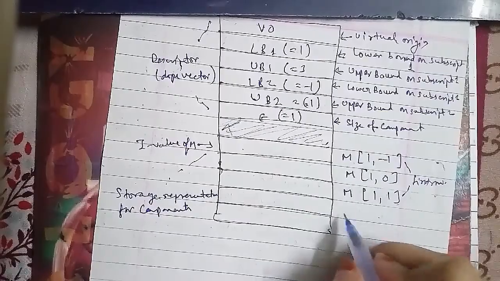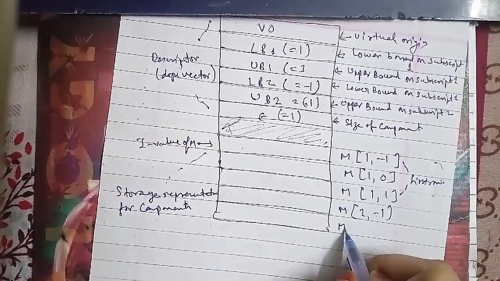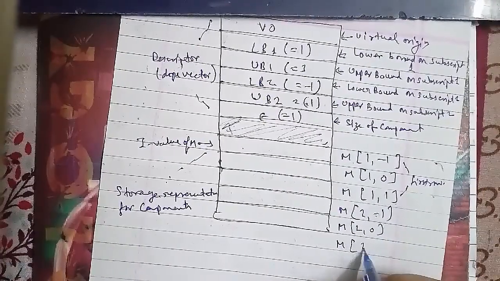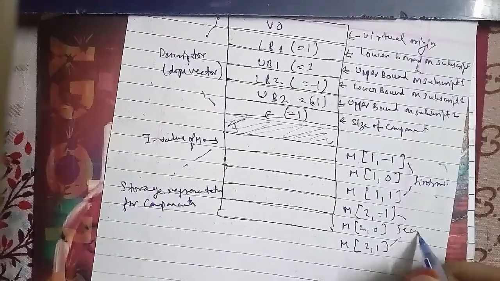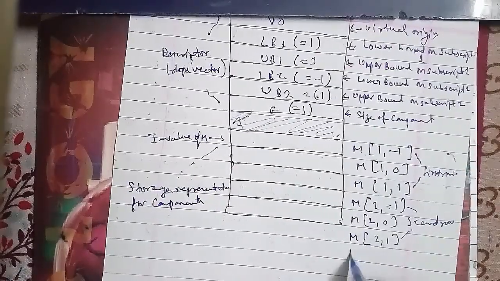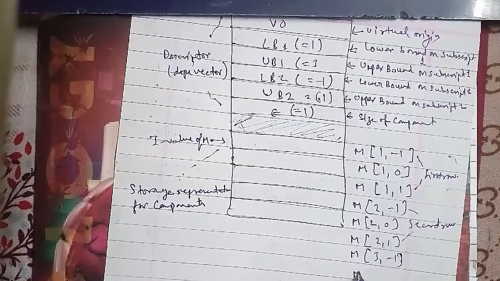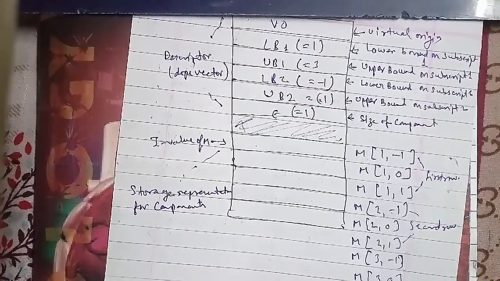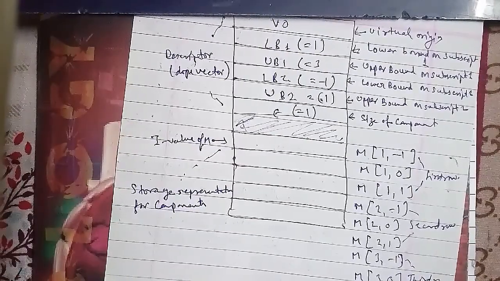Then we have m 3 comma -1, m 3 comma 0, and m 3 comma 1. This is your third row, and this continues further. This is known as the storage representation for the components as well.